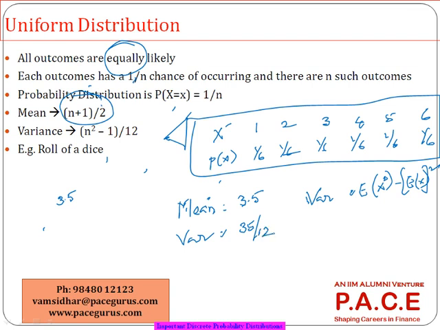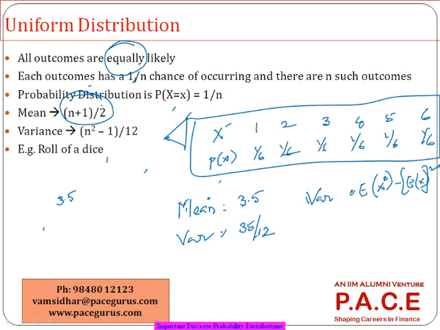If I know that the particular distribution is a uniform distribution, then I can very well say that the probability of occurrence of each of them is 1 by n. The mean of it is (n plus 1) by 2. And the variance of it is (n squared minus 1) by 12.